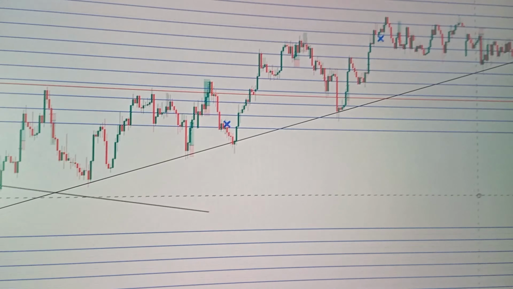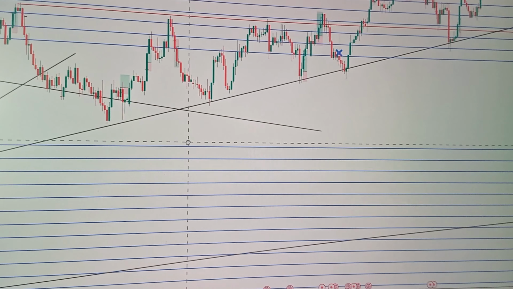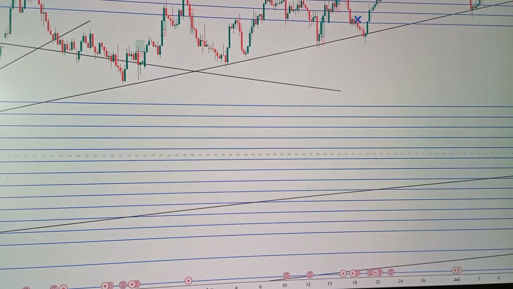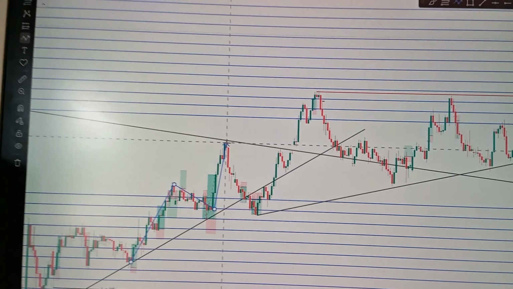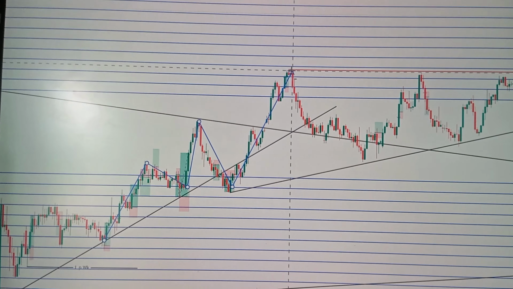This market is an uptrend, and how do we define an uptrend? It is a trend that is consecutively making higher highs and higher lows. You see it? It's making higher highs and higher lows.